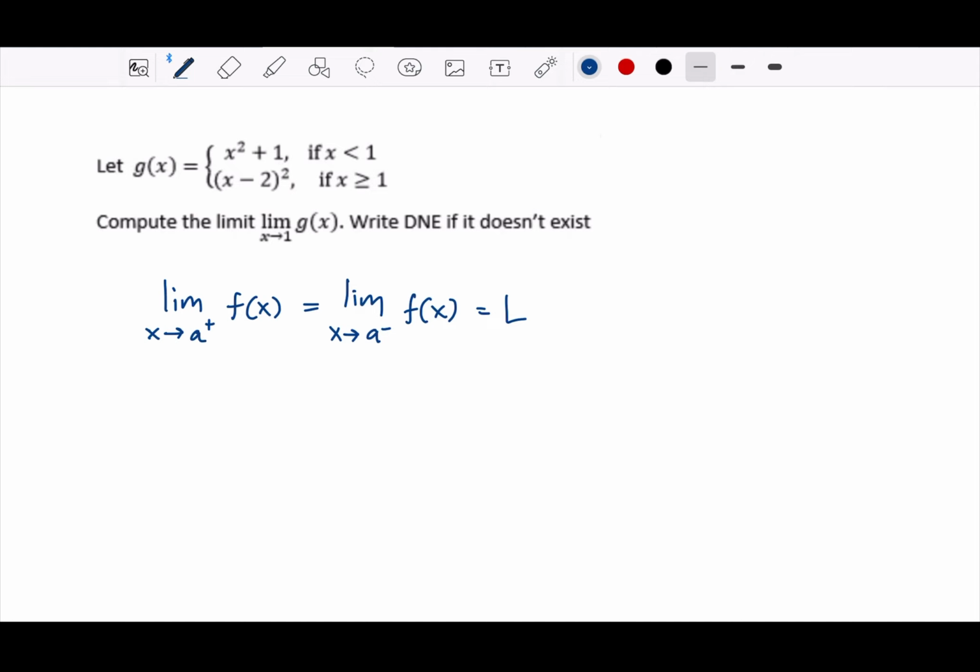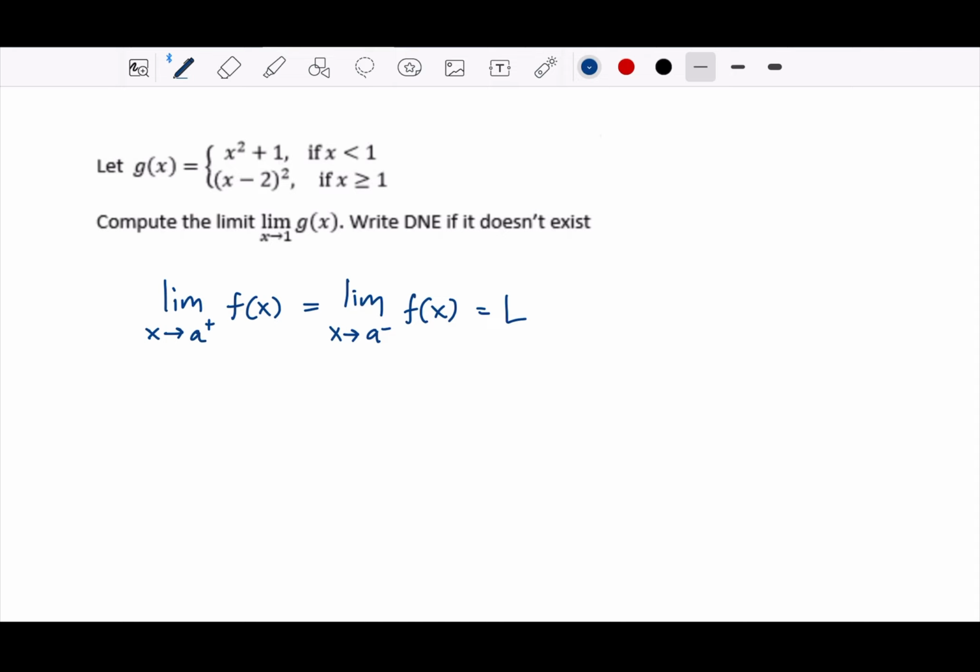The same thing applies to our function here, which means this interval is our clue, and we need to investigate this one here. When x is less than one, it's over the left side of one, so we can imagine that x is approaching one from the left.